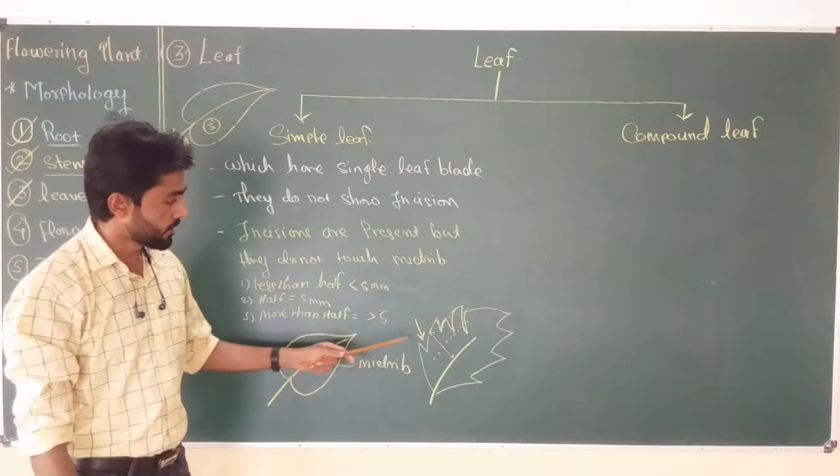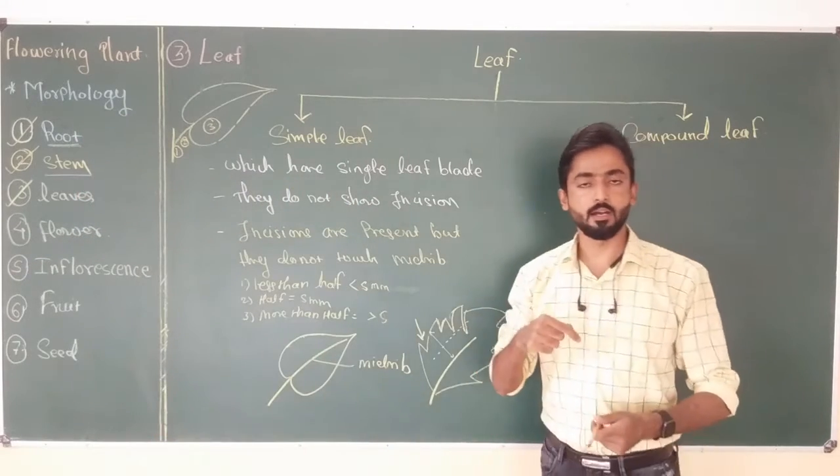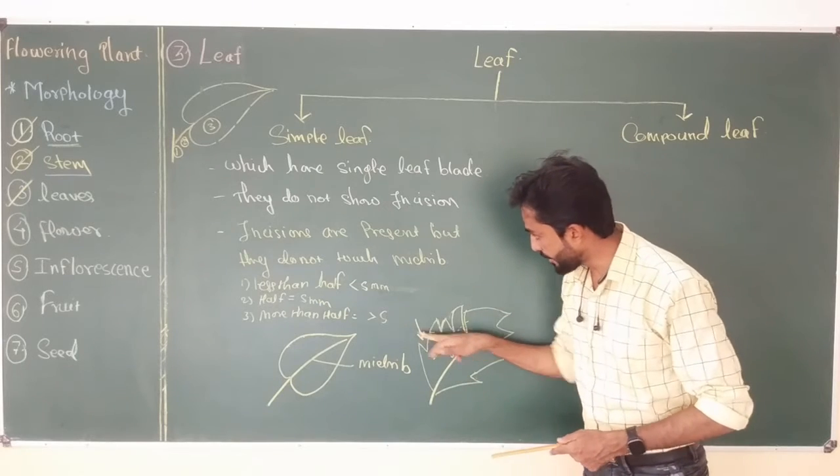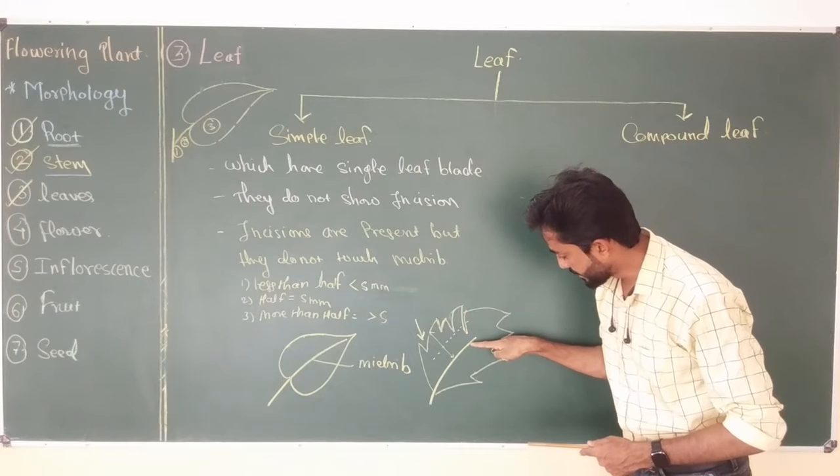So a simple leaf also shows incisions or cuts on the lamina, but in all these three cases the incision is not touching the midrib.